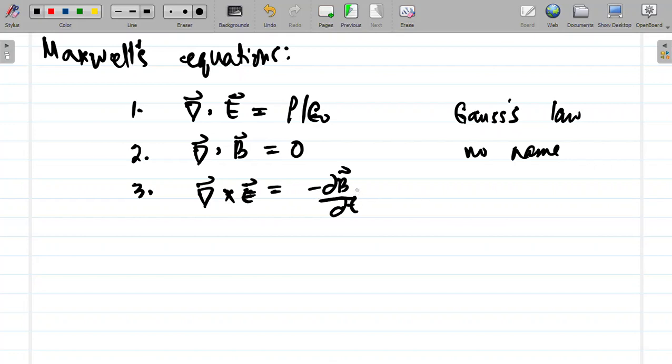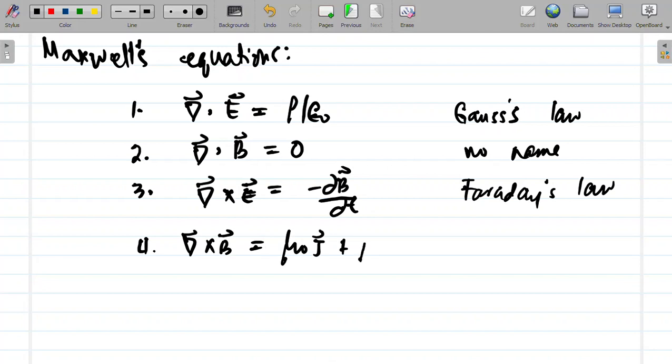Ang ibig sabihin nito, kung meron kang changing magnetic field, it will induce an electric field na nagka-curl. So, yan lang yung ibig sabihin ng Faraday's law. And last, yung fixed Ampere's law, del cross B equals mu naught J plus mu naught epsilon naught partial E partial T. Class, ang ibig sabihin naman neto, if you have changing electric fields, it will induce a magnetic field.